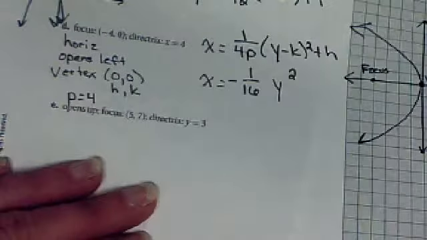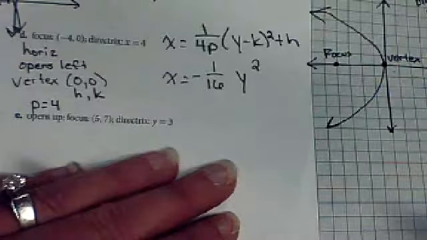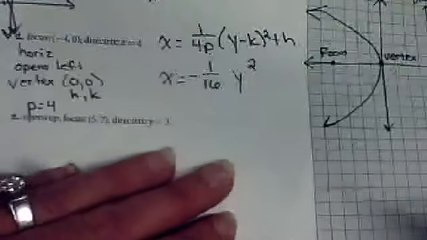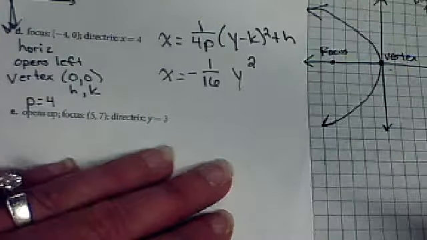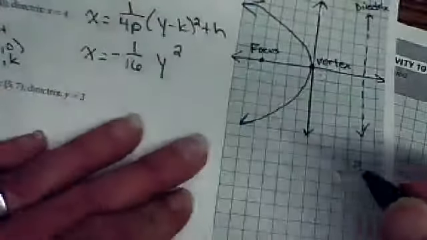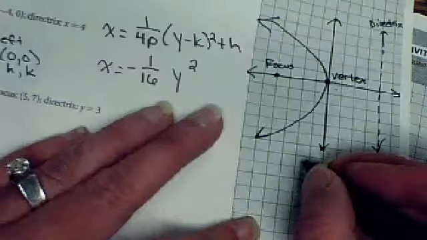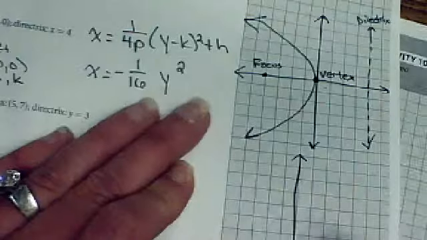Let's do E. Ooh, E is even bigger, but we can do it. Focus is at (5, 7), and directrix is at y equals 3, and they're telling us it opens up. Okay, so (5, 7). Oh, I hope I gave it enough room.